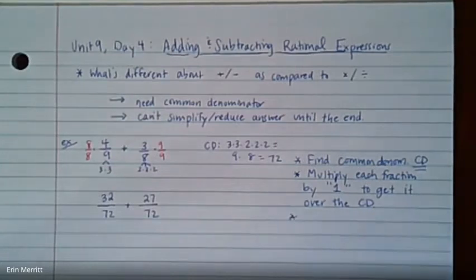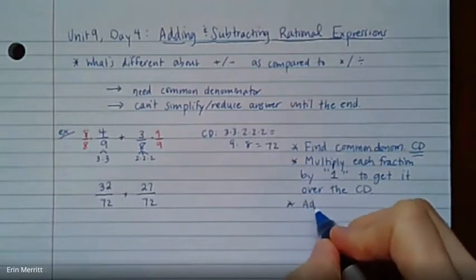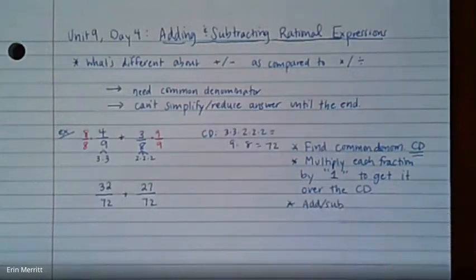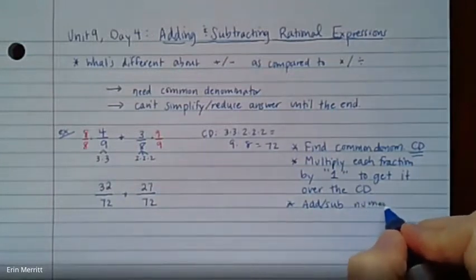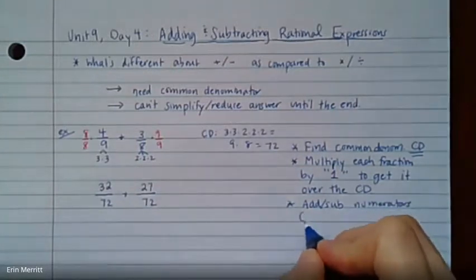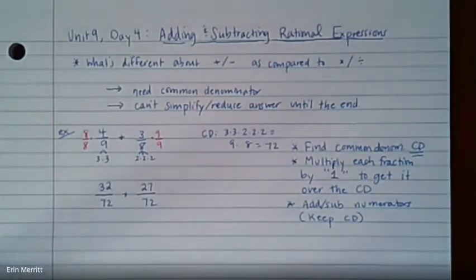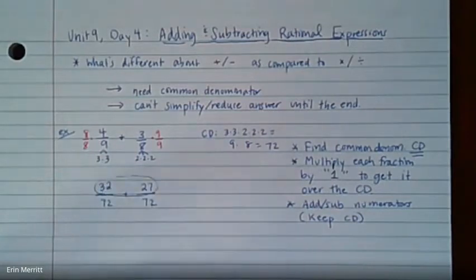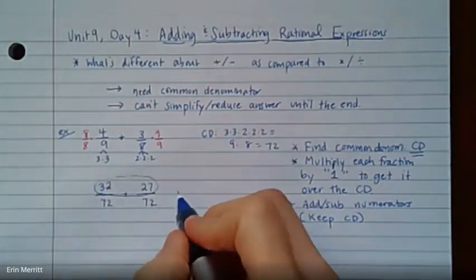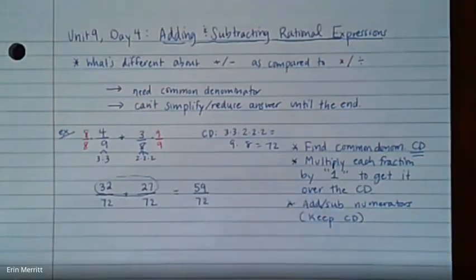Once you have a common denominator, then you can add the numerators. I'm going to say add or subtract because it's going to be the same rules for either. Add the numerators and keep the common denominator. Don't change anything there. So 32 plus 27 gives us 59/72.